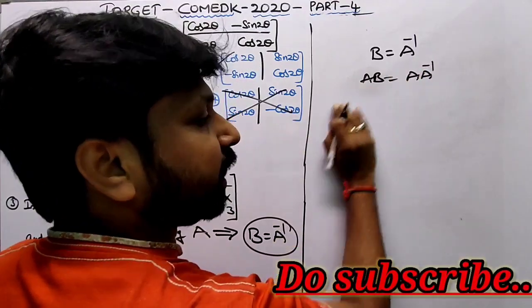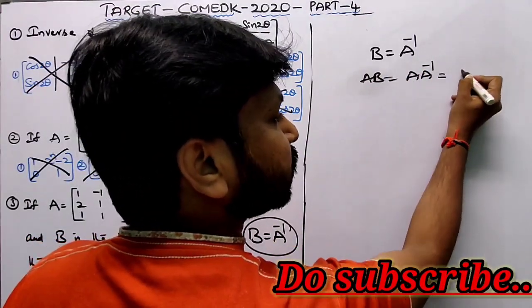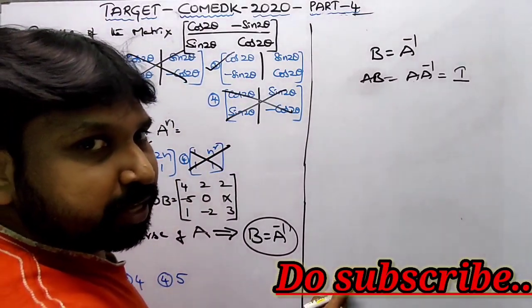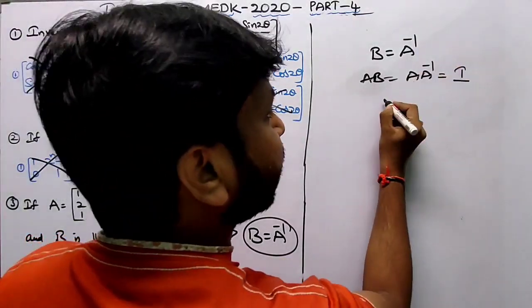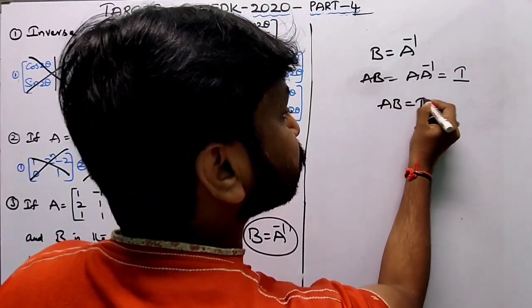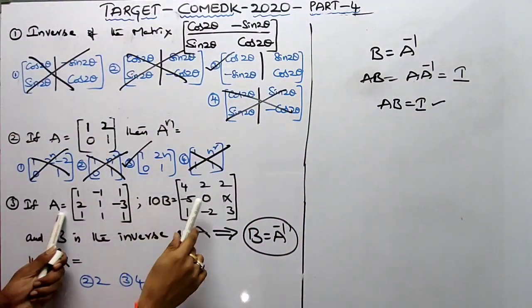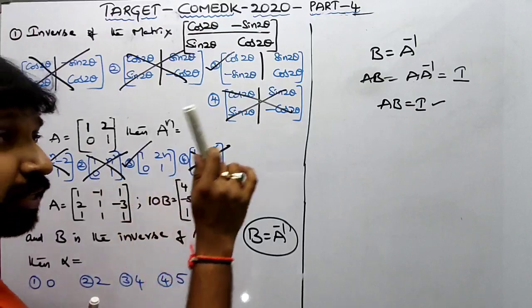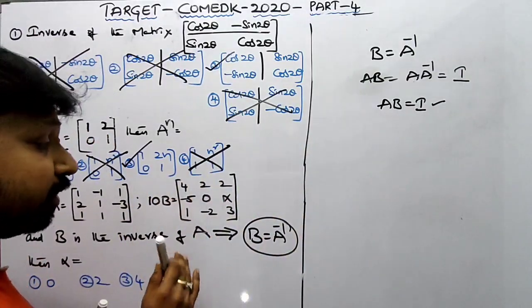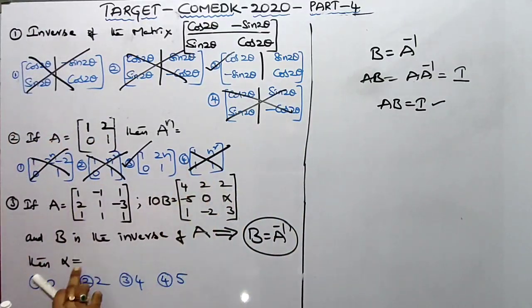A A inverse is always nothing but I, friends. That's what you have: AB is equal to the identity matrix. Just multiply these two matrices and equate to the identity matrix. Then by using that result you can find out the value of alpha.